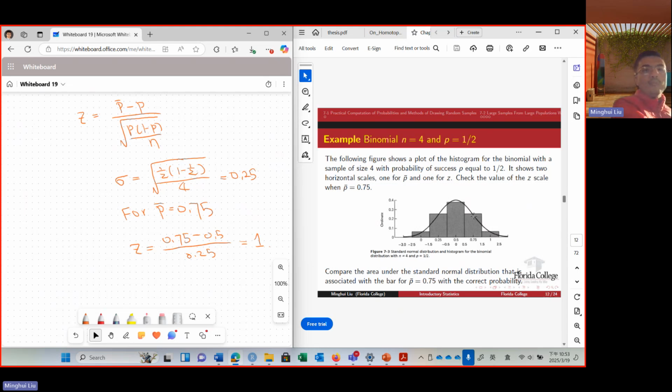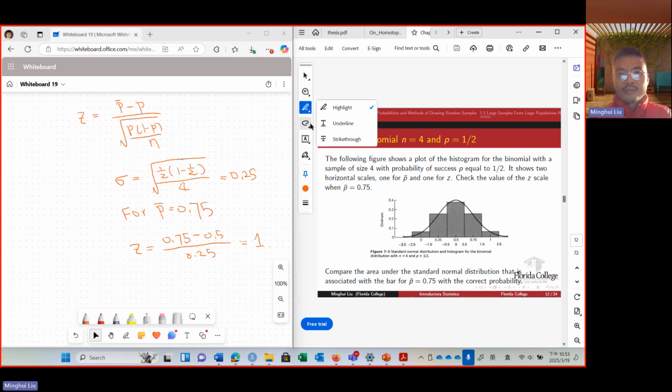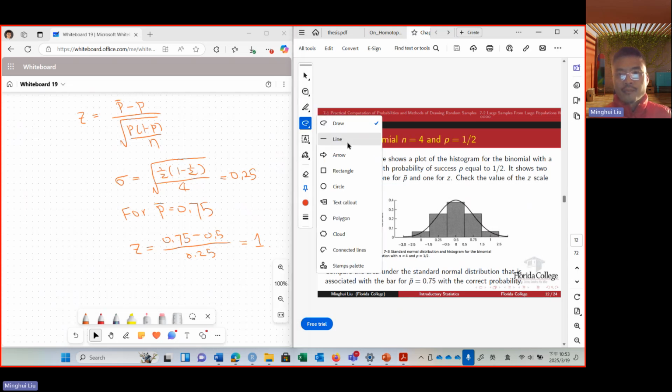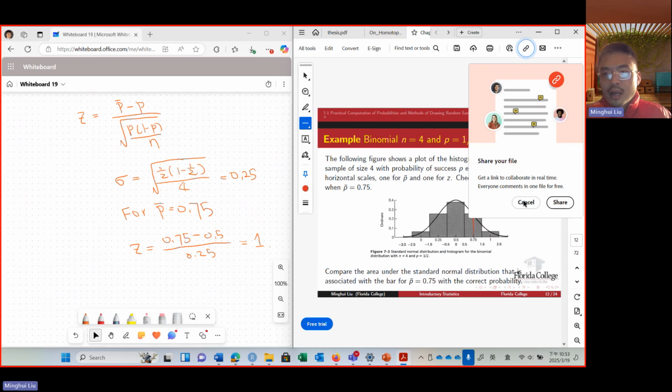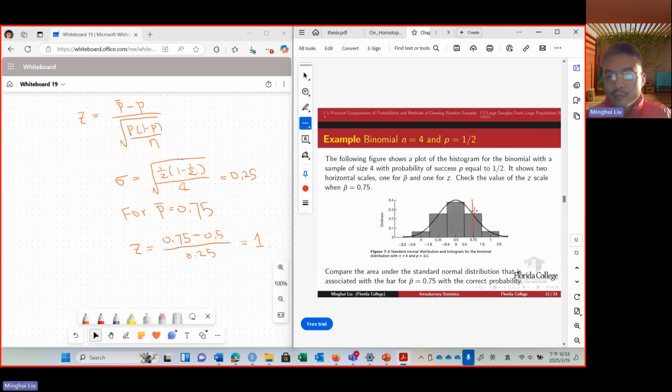The first thing we're going to do is find the area to the left of this line. Imagine that I have a line here at z equals 1, and then I can calculate the area under the curve to the left of this line.